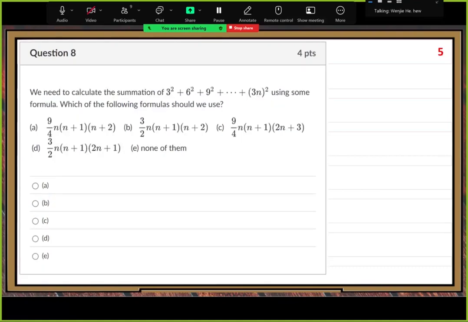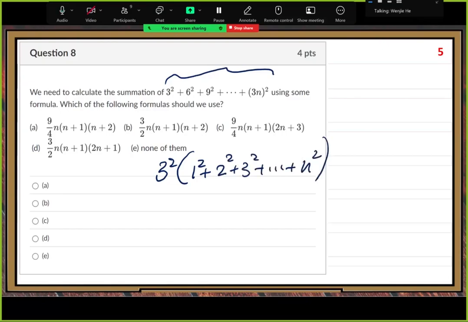This one, factorization. I hope you can see it. We can factor out 3 squared. After this factorization, inside you have 1 squared, 2 squared, 3 squared, up to n squared. But this part we have a formula, right? Given in class: 1/6 n(n plus 1)(2n plus 1).